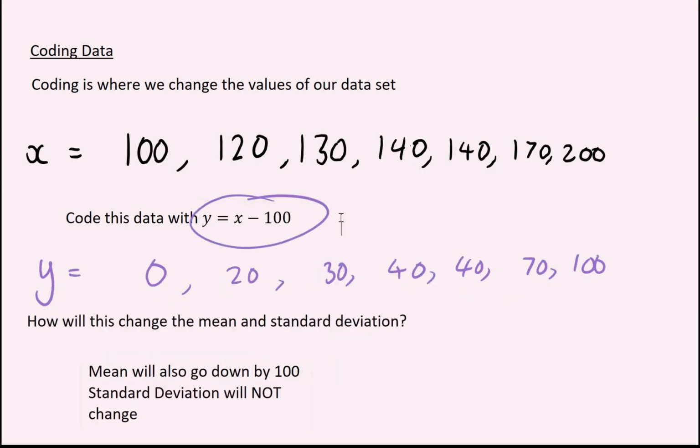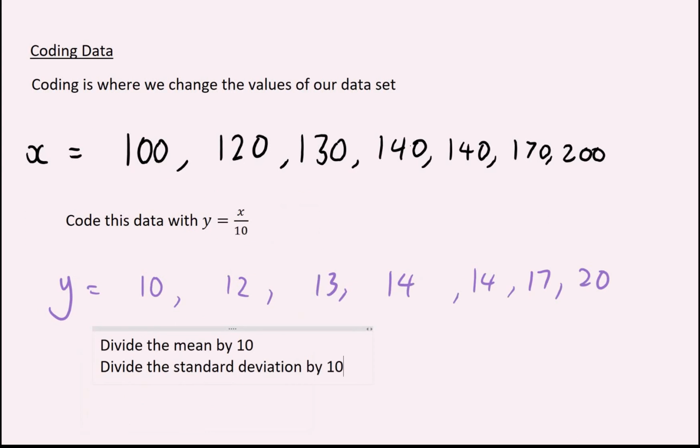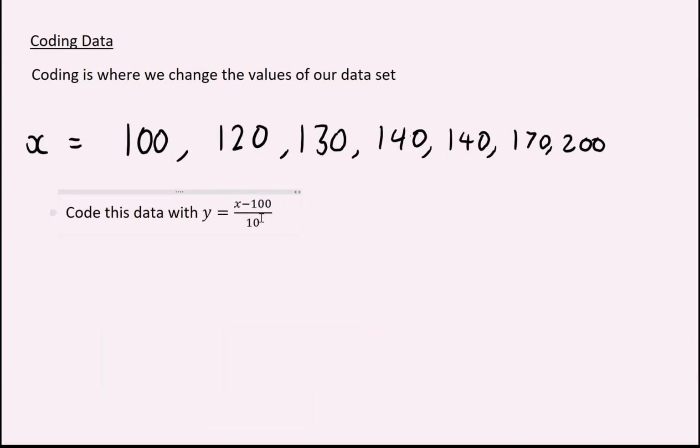So we've seen taking away, we've seen dividing. Last one they can throw at you is when they divide and take away. So here I'm subtracting 100 and then dividing by 10. So here I'm going to have the new set of coded data, which will look like this. Basically just combining those previous rules.